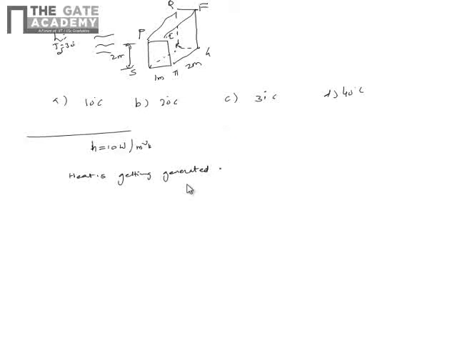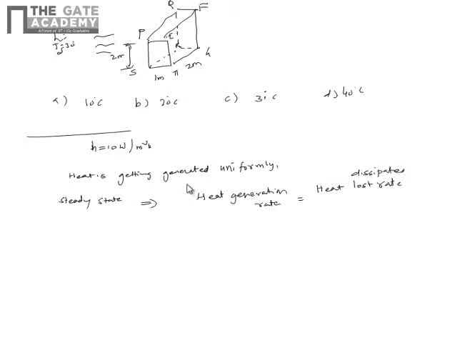So for steady state, the heat generation rate should be equal to the heat dissipation rate, and that is by the PQRS surface through convection, because that's the only way it can lose heat.